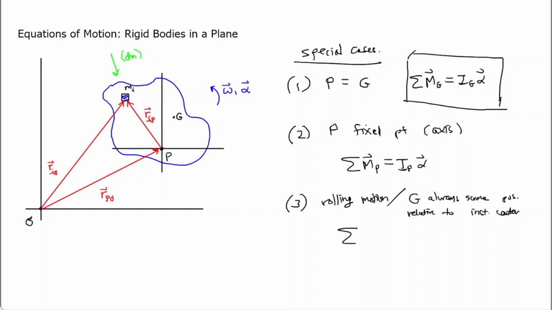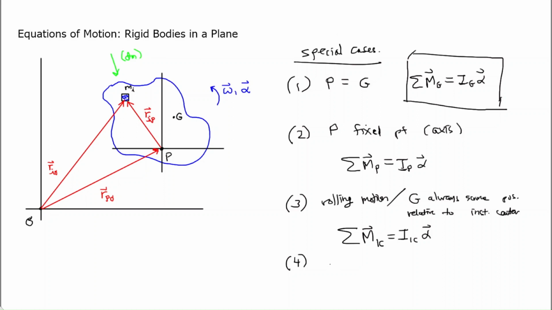Okay, well then you just get the same sort of equation we did in number 2, except your fixed axis of rotation now becomes the instantaneous center.